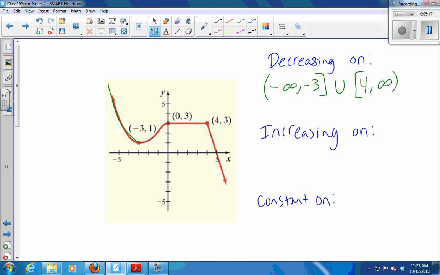Okay. And then where's my function increasing? Negative 3 to 0. And constant? 0 to 4. Seems like you guys got this down. Great.